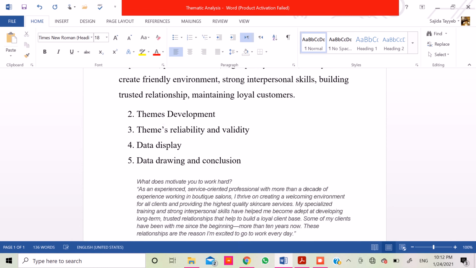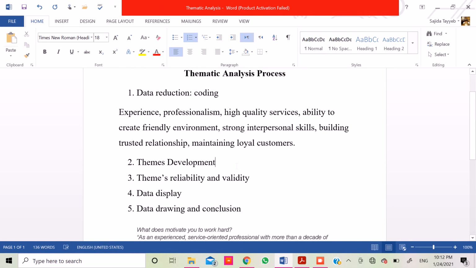Now, step two. Suppose it was just one paragraph. In your case, there's a lot of possibility that you will get too many codes. But let me also remind you that when you're conducting 15 to 20 interviews, there's a very limited chance that every member says something entirely different from the other person.